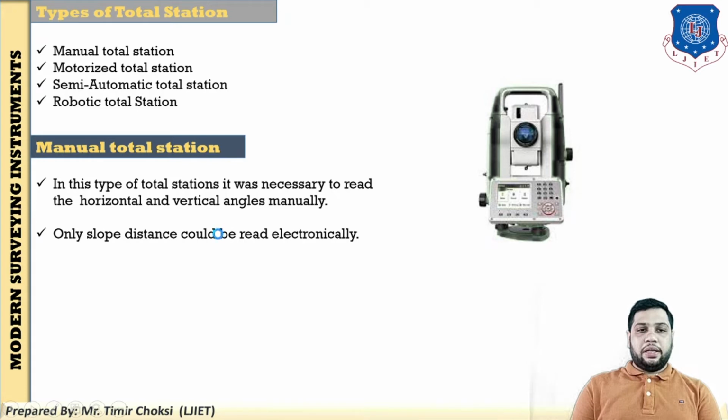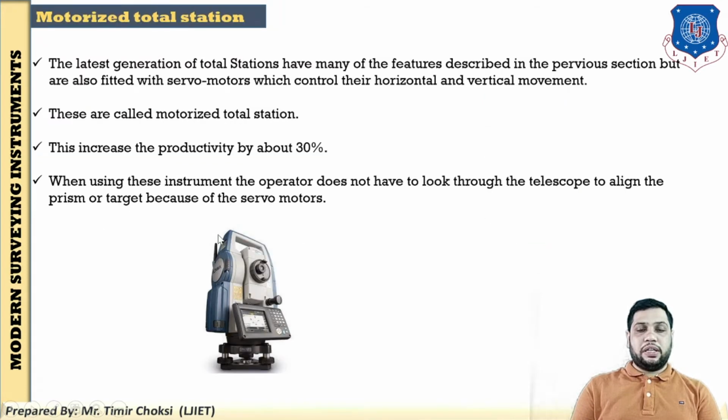But nowadays, we use a motorized total station as well as the robotic total station. So the motorized total station is the latest generation of total station. It has many of the features. I have already explained the features in a previous slide.